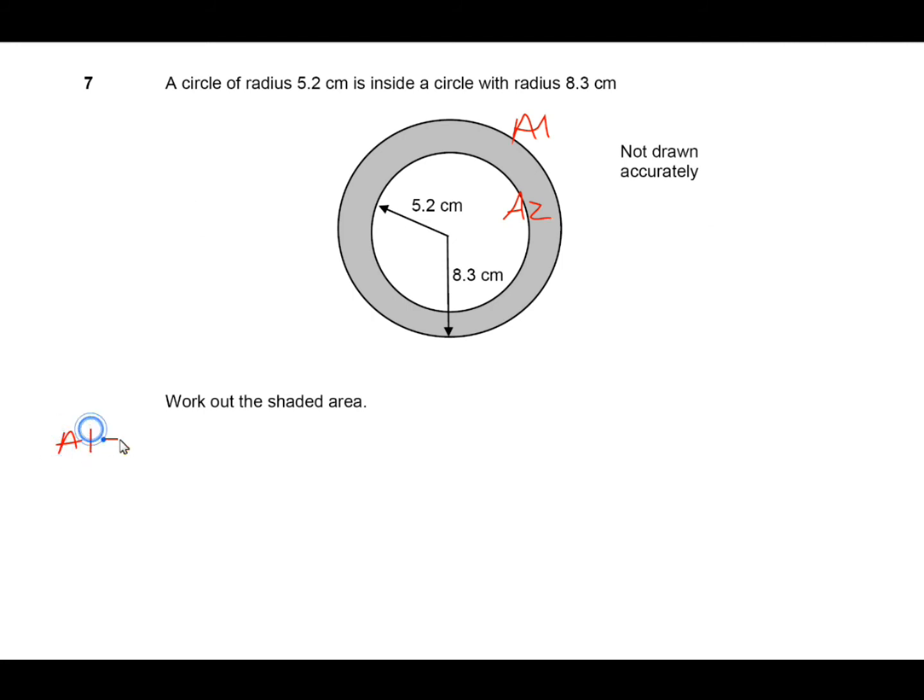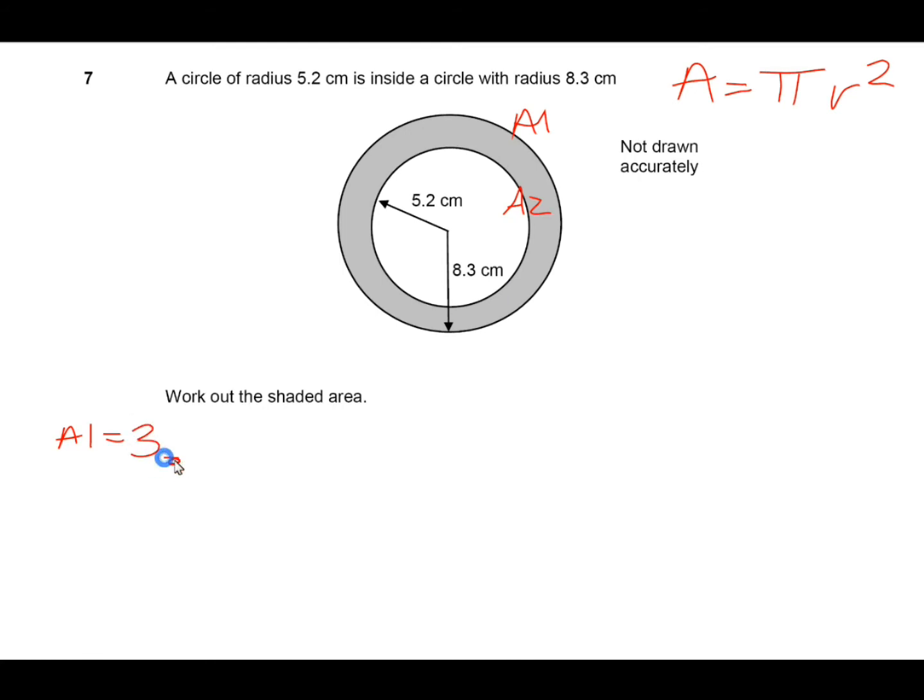So area 1, now you need to remember that the area of a circle is pi times the radius squared. So for area 1, the big circle, we have pi, which is 3.14, times the radius, which is 8.3, and we're just going to square it.